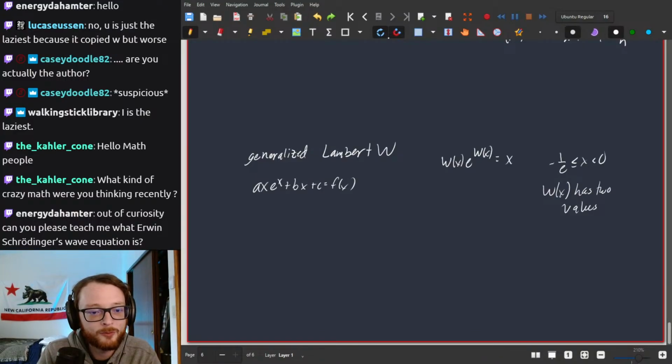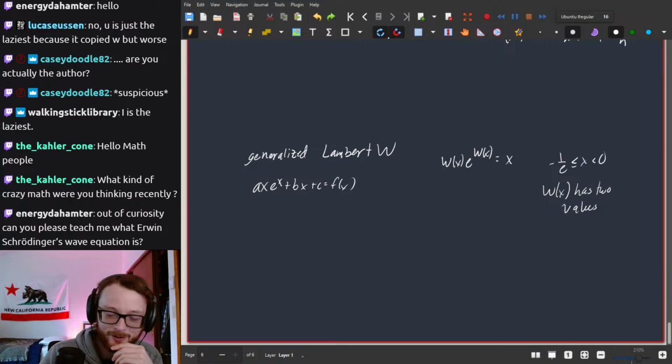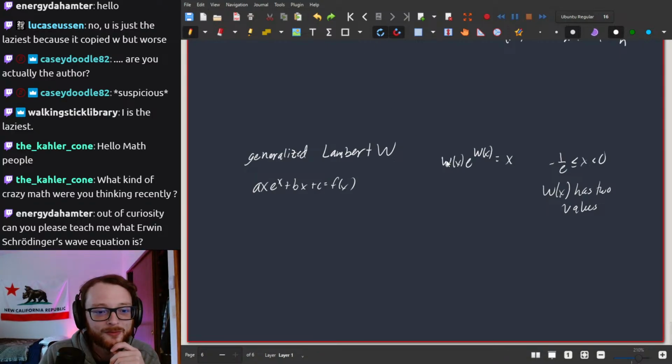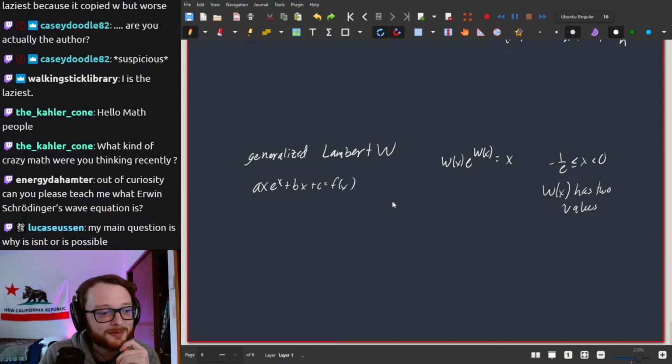So I haven't really messed with it, and I'm kind of struggling even with that. But yeah, I'm not sure what to say about this yet. I mean, you can always define a function like this if you want, but your question was, can you do anything interesting with it? And that's always the hard question.